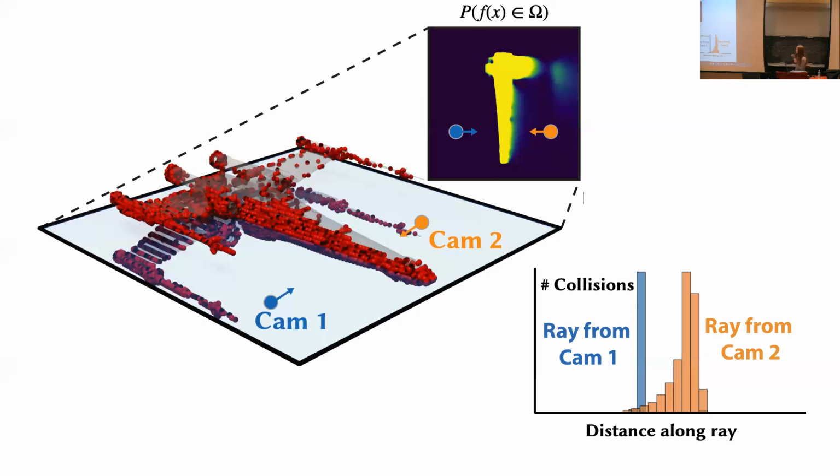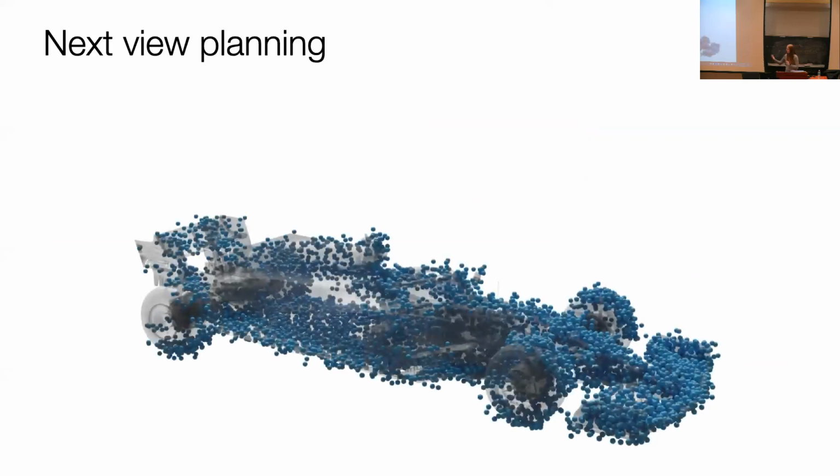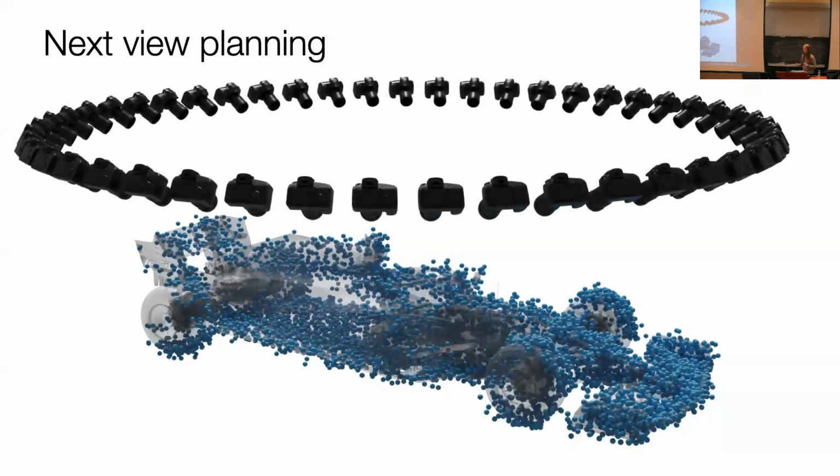So anyway, why do we want this? Well, we can combine it with the integrated uncertainty that we showed before for next view planning. Say you have a point cloud of something that's incomplete, and you want to know where you want to scan next. Something you can ask is, how sure am I of the reconstruction now? So what is my integrated uncertainty now? Then I can place certain hypothetical cameras, cast rays from those cameras and sample new surface points.